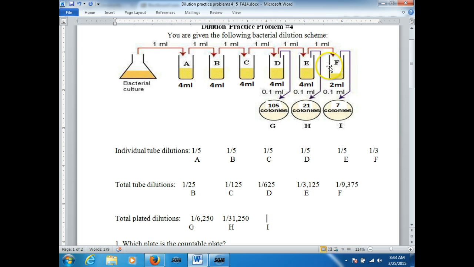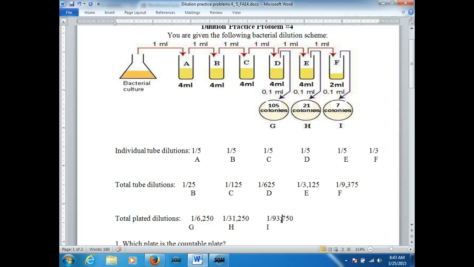I came from F. F was 9,375, and I'm adding a 0, right, to take into account only taking a tenth out. So that's 93,750 as the dilution.